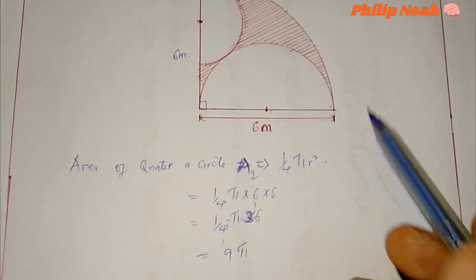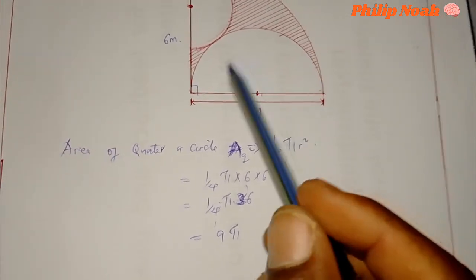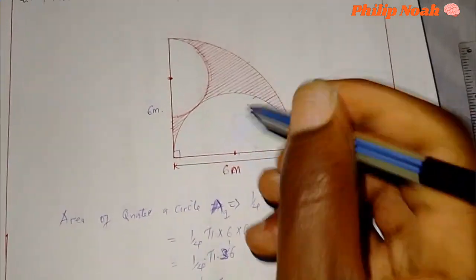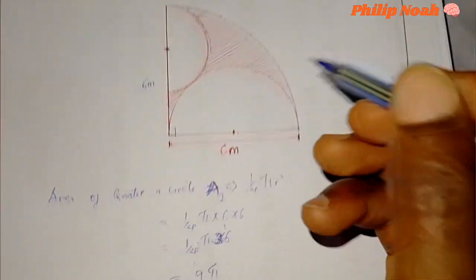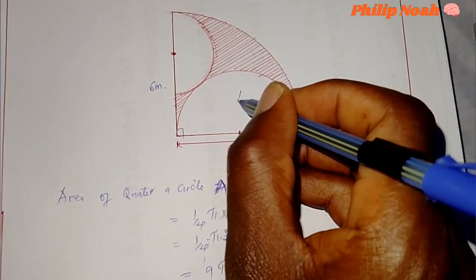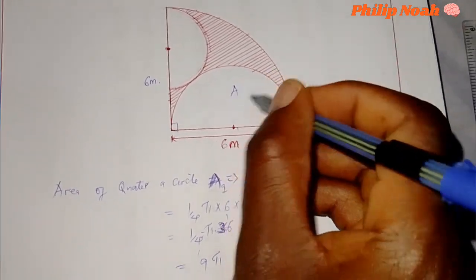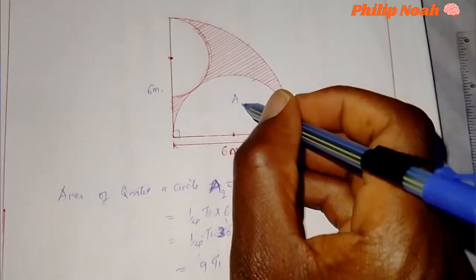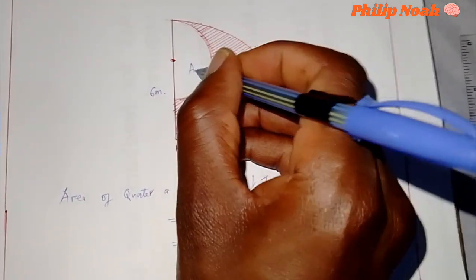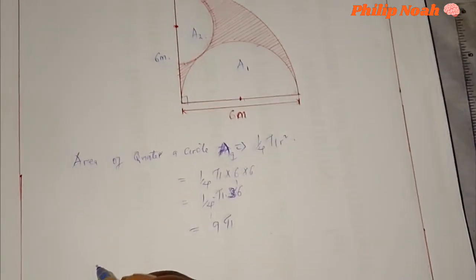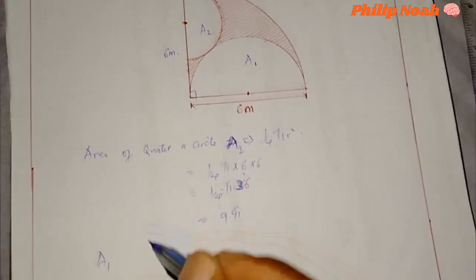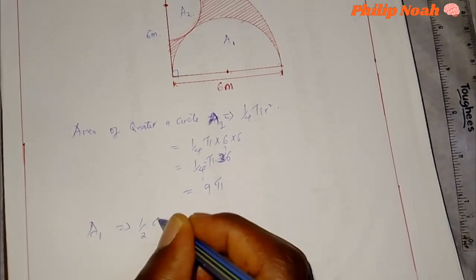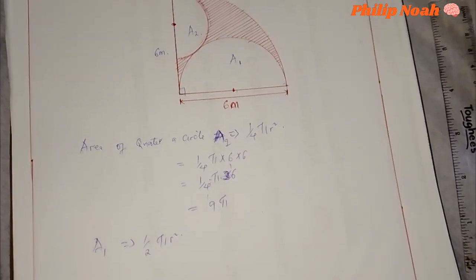So we also have to find the area of this one and this one. Let's start with this one. We can call this larger semicircle area 1, and then this area 2. So area 1, that's the area of this semicircle, is a half pi r squared.